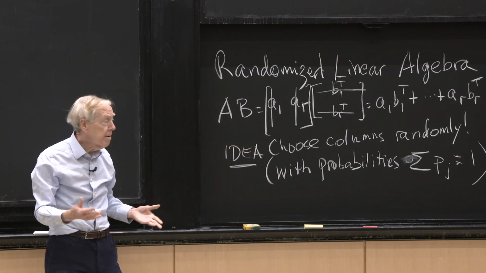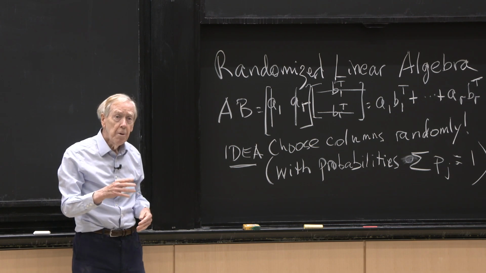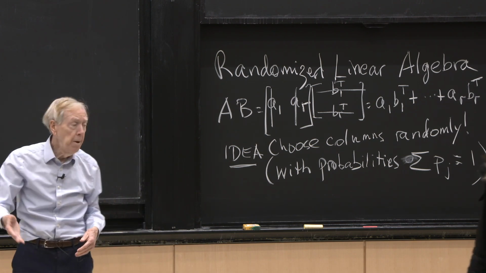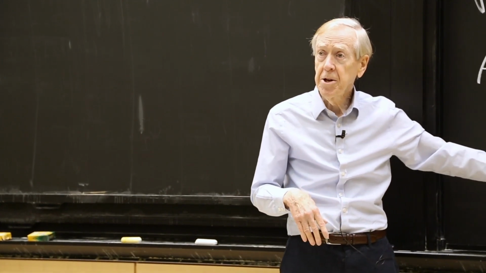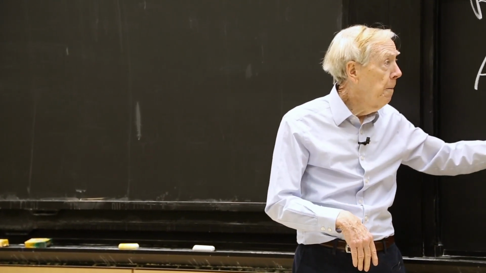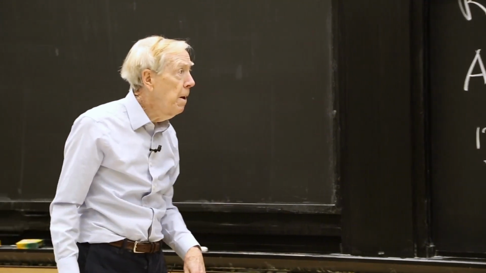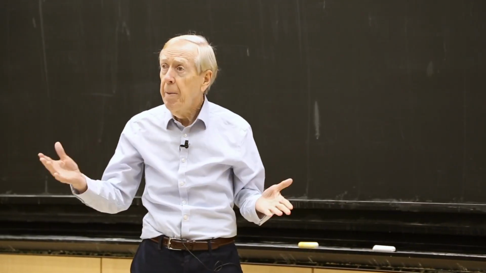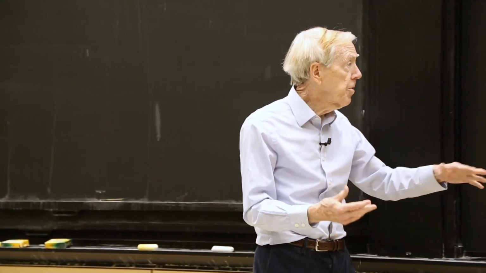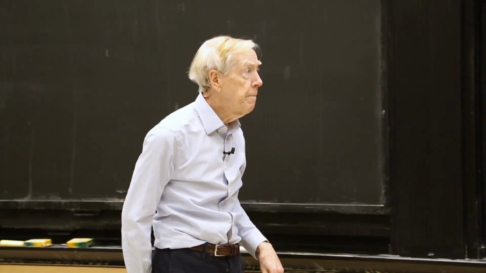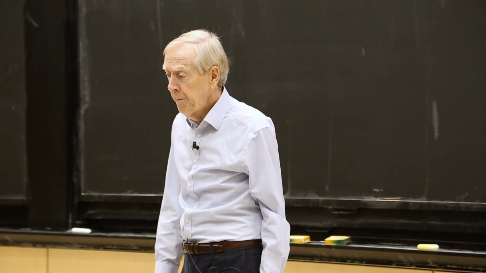We're going to take different ones, randomly sampled, with probabilities. We have to decide probabilities. And then we'll add up our samples, and we hope that the result is close to AB. That's the idea.